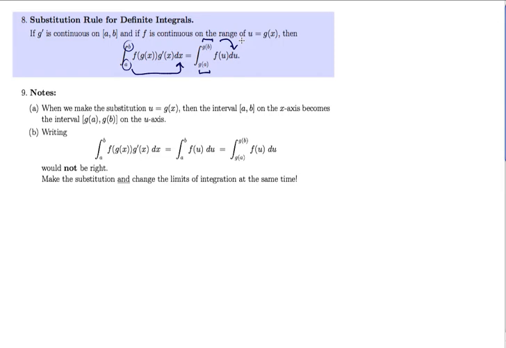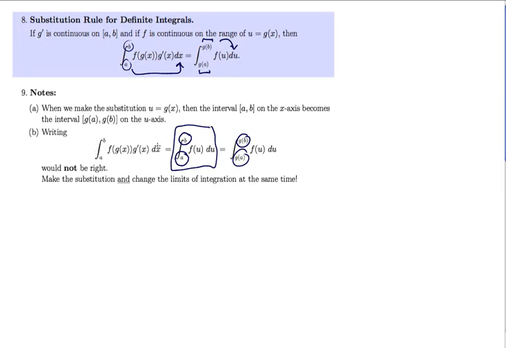Okay? So be warned that when you do an integral like this, a very common mistake is to do the substitution and write the new integral, but forget to change the limits of integration, and then in the next step change them. The problem with doing this is this intermediate step here is not correct anymore.